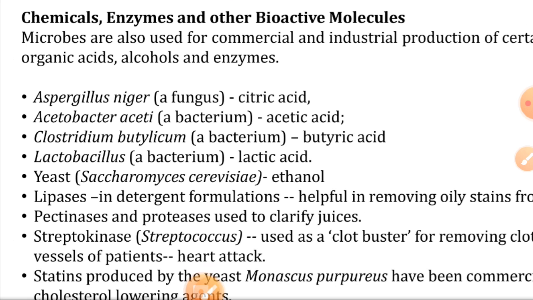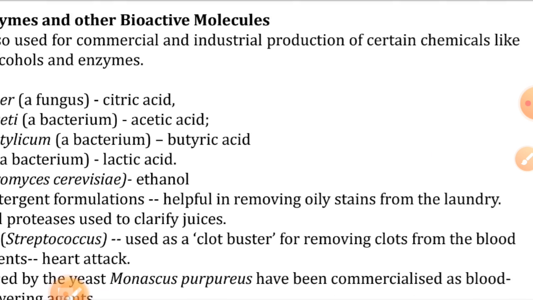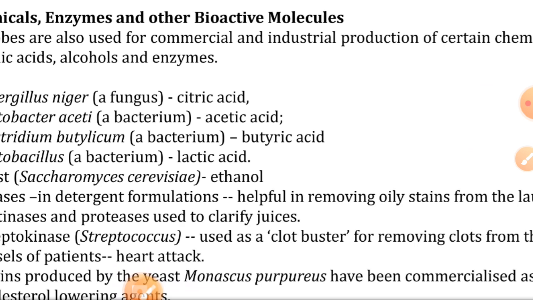And the last is statin, which is obtained from the yeast Monascus purpureus and has been commonly used as a blood cholesterol lowering agent. It inhibits the synthesis of cholesterol by acting against enzymes like pravastatin and simvastatin.